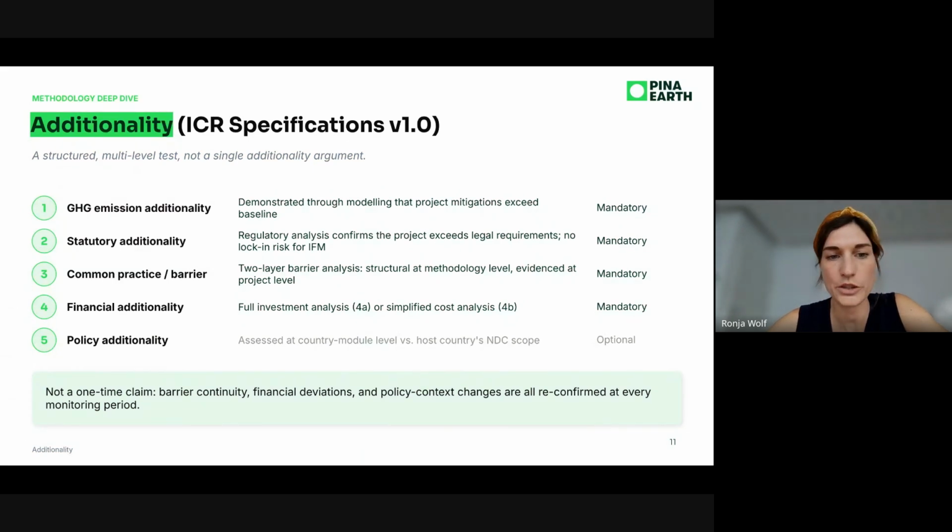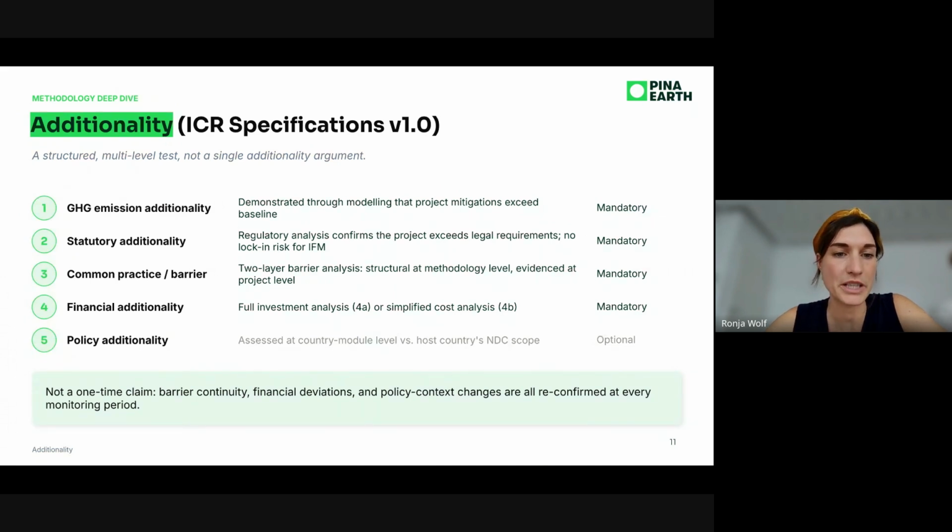One is a regulatory context analysis. So basically, if regulations, subsidies, policy instruments, and so on make the project mandatory already by law, or if it goes beyond that, and that is periodically tested at each monitoring cycle again to make sure those conditions still uphold.